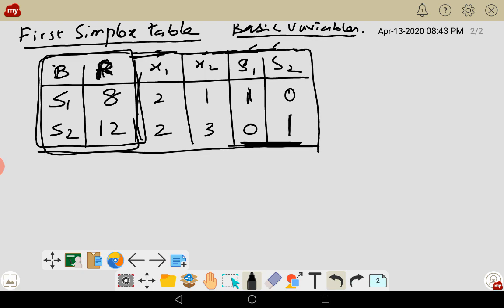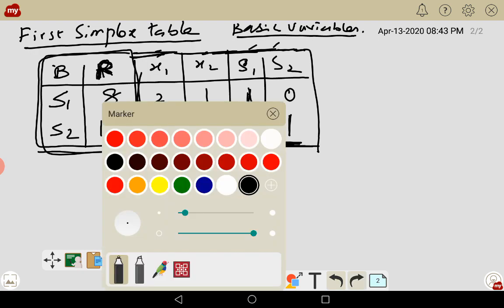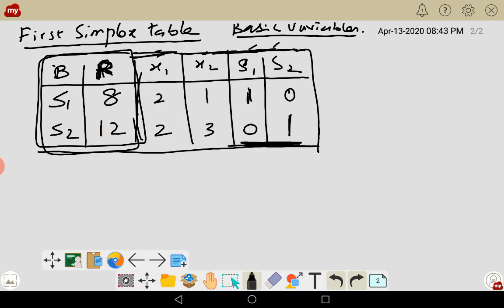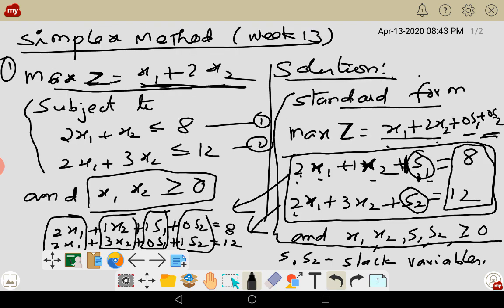Now we have somewhat completed this table, and one more row should be written. What is it? It is Z. Here we write the Z value. Z is the objective function. Go back to the objective function. The coefficient of x1 is 1, of x2 is 2, of s1 is 0, of s2 is 0.